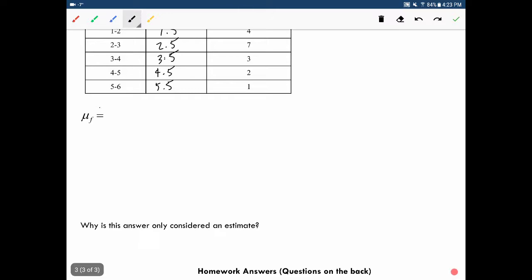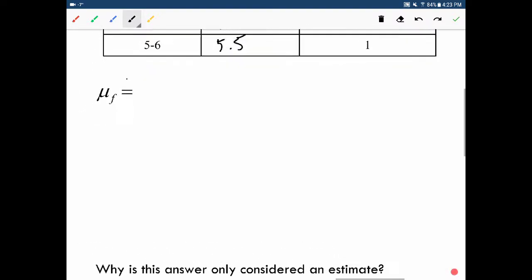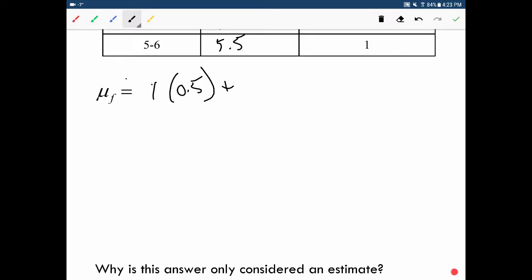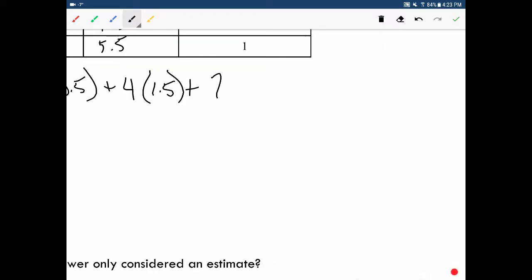All right, so all we're going to do here is go through. There was one kid in that 0 to 1, which we're calling 0.5 as the midpoint. Plus 4 times 1.5. Plus 7 times 2.5. Plus 3 times 3.5. Plus 2 times 4.5.